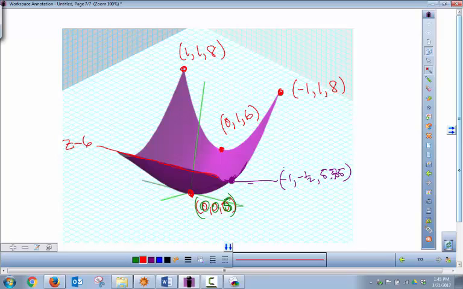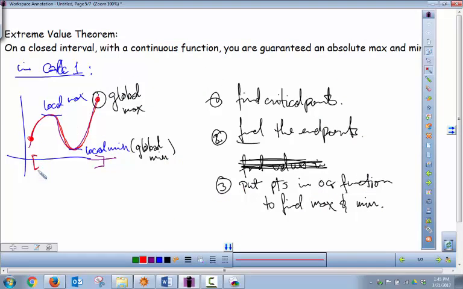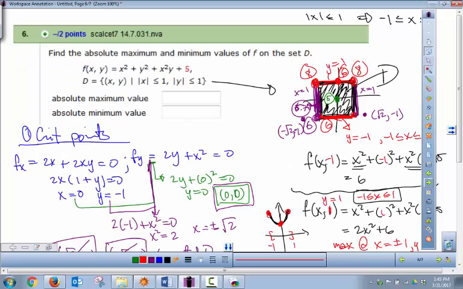Okay? So we're using the boundaries to help find more potential max and mins. And unlike the stuff we used to do back in Calc 1 where we just check the endpoints, we got 2 endpoints and then we're done. The boundaries for something that's two-dimensional could be as many as 4, 5, or 6 sides.